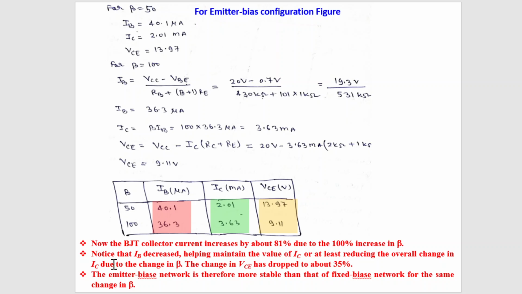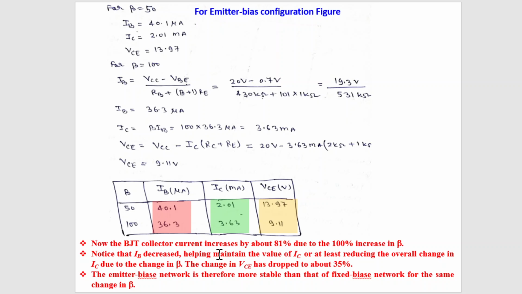Why is the collector current increasing less? Because notice that IB decreases. If IB decreases, that helps maintain the value of IC, or at least reduces the overall change in IC due to change in beta.